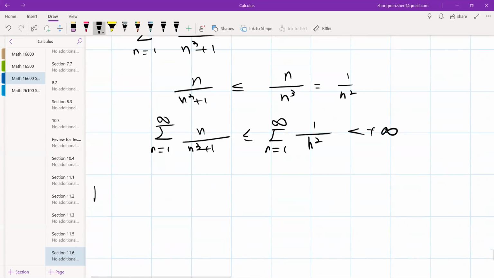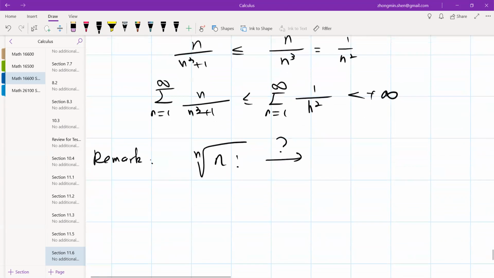Okay. So here's my remark. We don't know how to handle this. So we cannot use the root test if you see n factorial in the nth term.